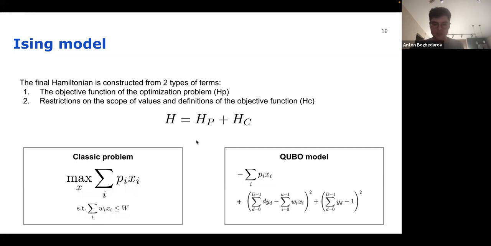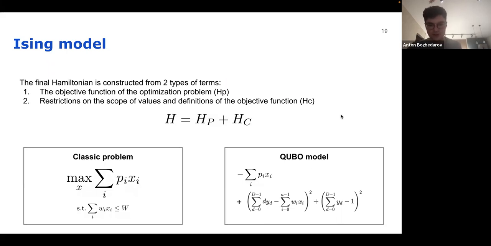When we encode such a problem using the Ising spin model or the QUBO model, I will describe the QUBO model in the next slides. The difference is that the Ising spin model corresponds to a two-valued coding of information, 1 or -1, and the QUBO model is the same, but we use 0 or 1 encoding.